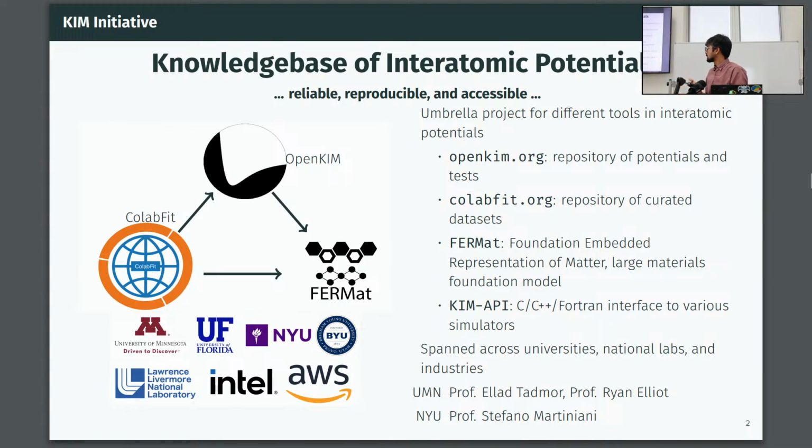So we had the models, and we had the data sets. The next logical step was, why not build a large model on top of it? So we got into the third project, called FERMA. Basically, it's Foundational Embedded Representation for Materials, or for Matter. The goal of FERMA is to take all of these models and all of this data and come up with something that is greater than all of that.